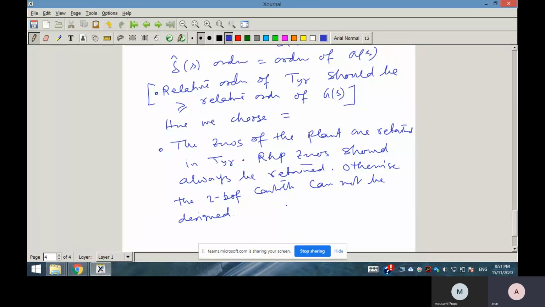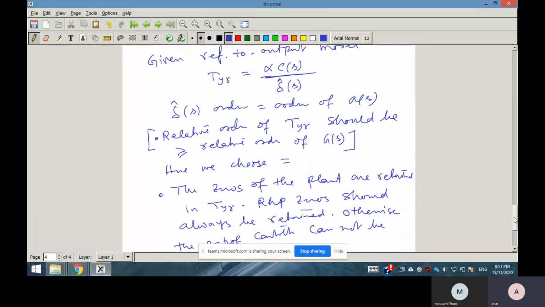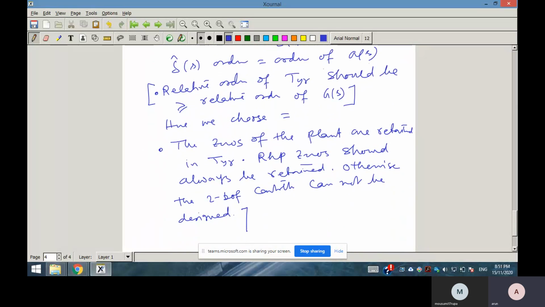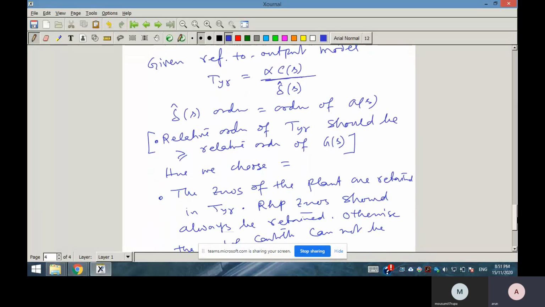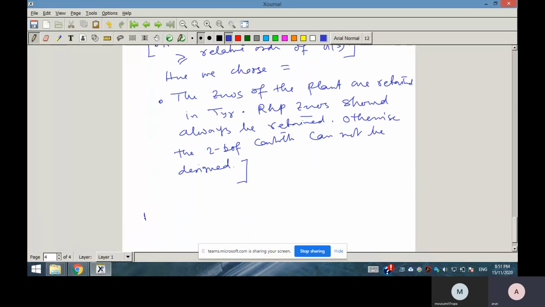Ultimately, if you do not retain the right half plane zero here, you are telling the controller to cancel the right half plane zero. Right half plane pole-zero cancellation in a loop means it will be internally unstable, so it is not allowed at all. So this is your given reference input to output model. So this is step 1: choose.